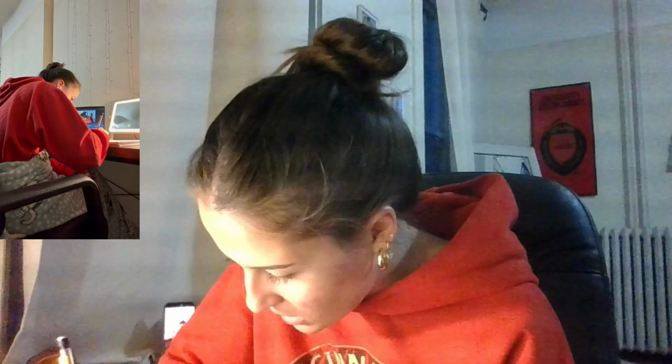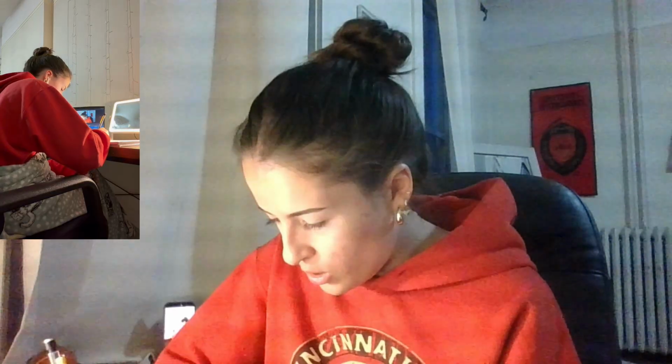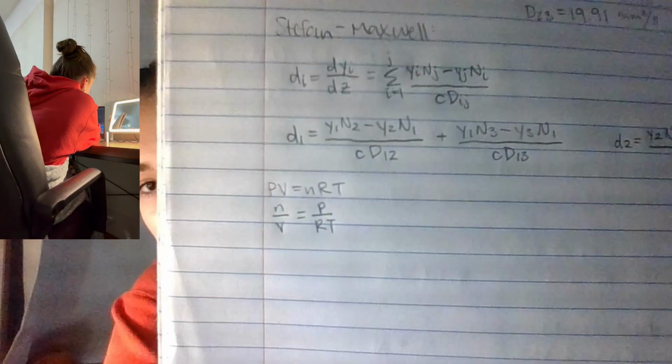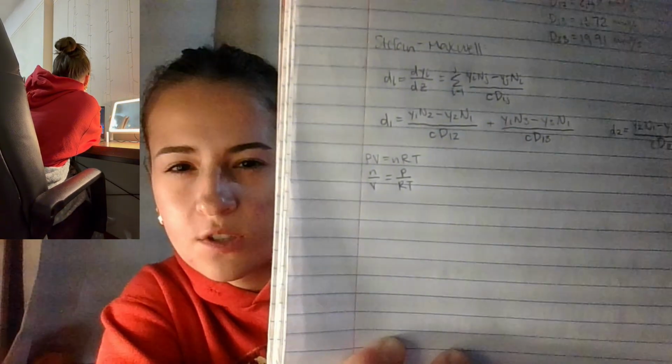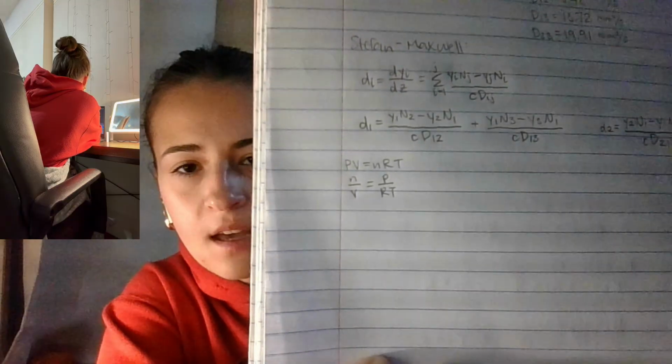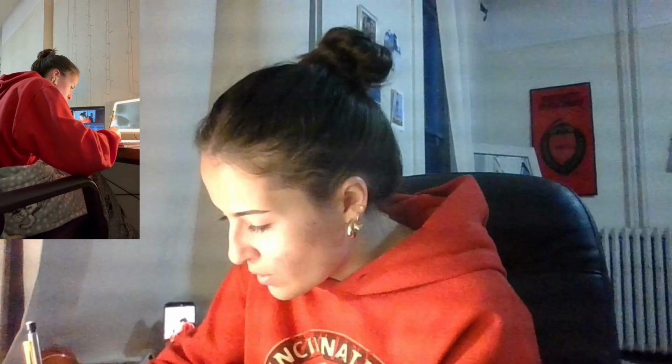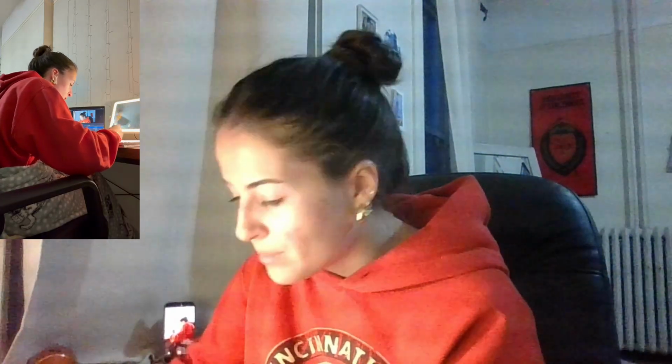So if we reformat that a little bit to be number of moles, so n over V, you will get P over RT. And like I said, n over V is the same thing as concentration. So we can just say that that total concentration is equal to the pressure of our system over our gas constant times the temperature of our system. And we know all of those values, so we can solve for that.